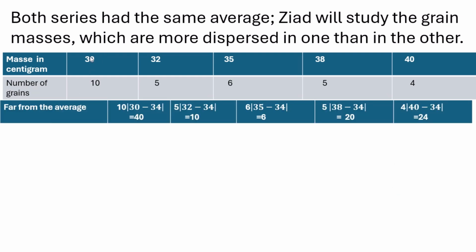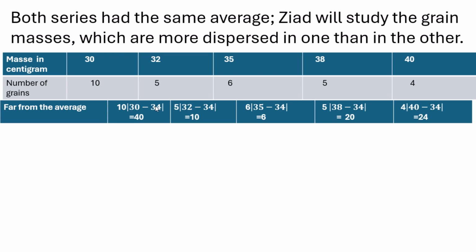So we make the average 34. The distance between this modality and the average is the absolute value of 30 minus 34, positive. The distance between them is 4.